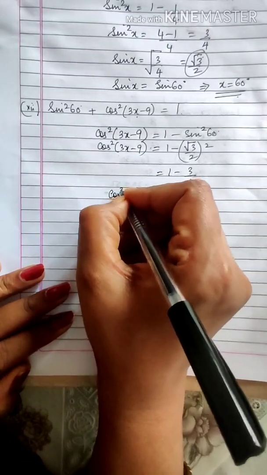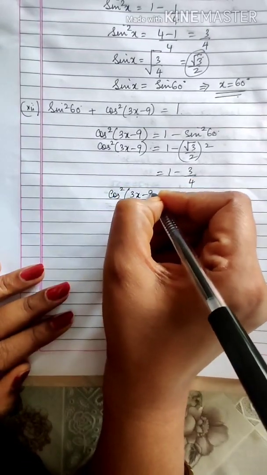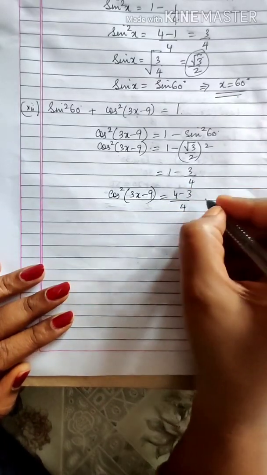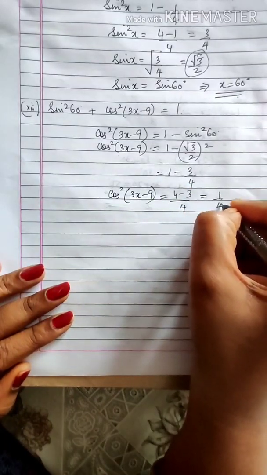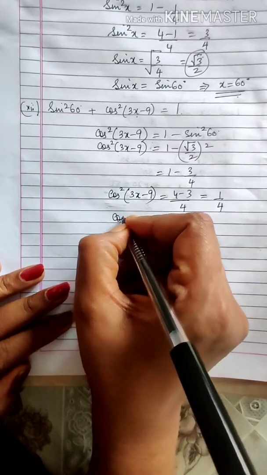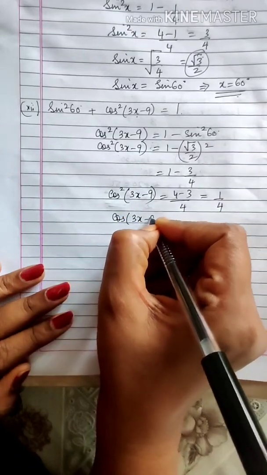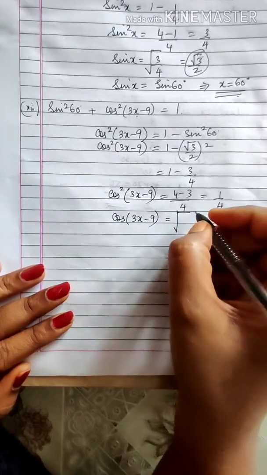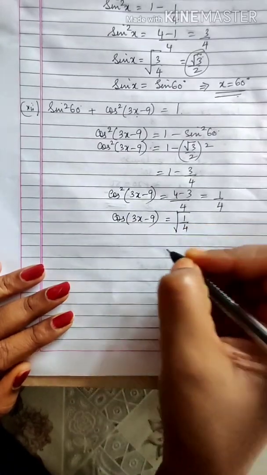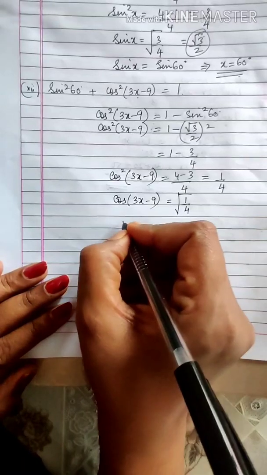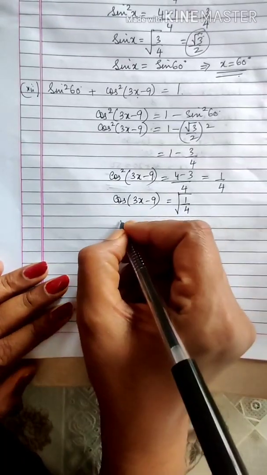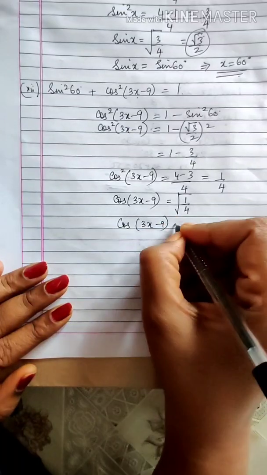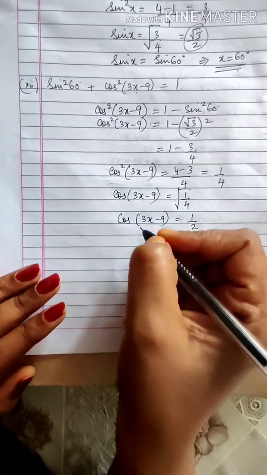So cos square of 3x minus 9 is equal to 4 minus 3 upon 4, which is equal to 1 by 4. Now cos of 3x minus 9 is equal to root over of 1 by 4. You know the square root of 4 is 2. So cos of 3x minus 9 is equal to half.